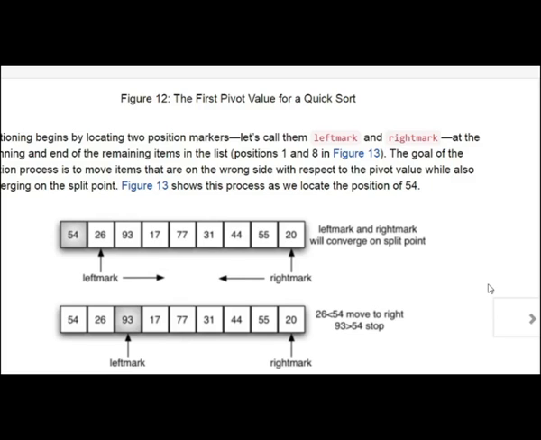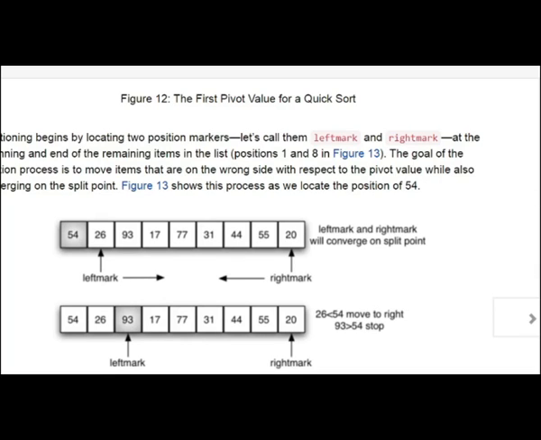Since 26 is smaller than 54, I will increment i, because we need to keep on incrementing i until we get a larger element than the pivot. Similarly, we have to decrement j until we get a smaller element than our pivot.